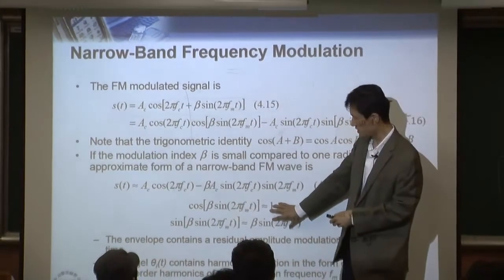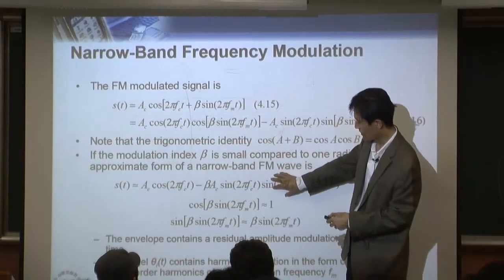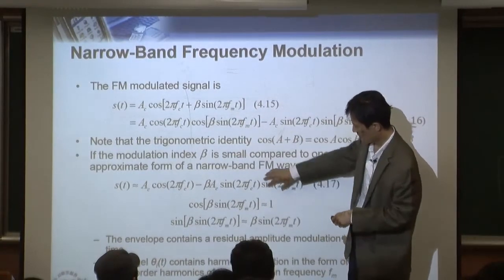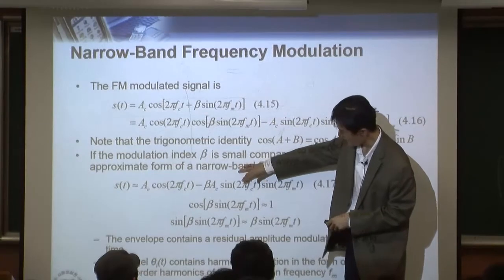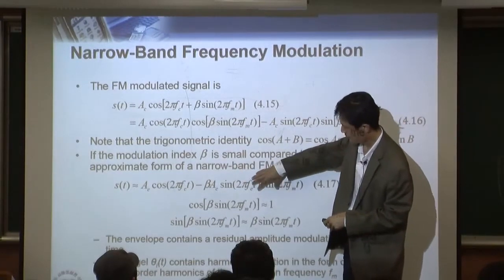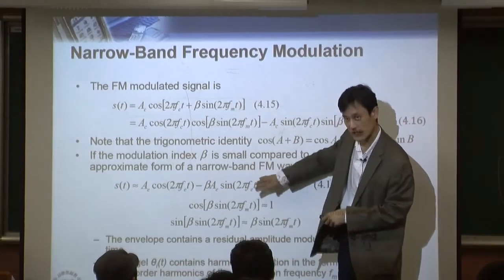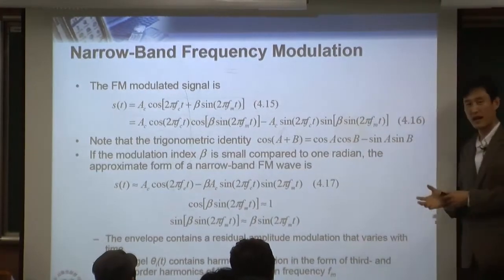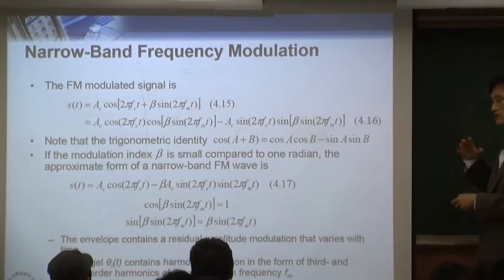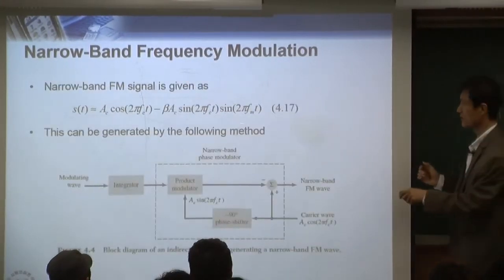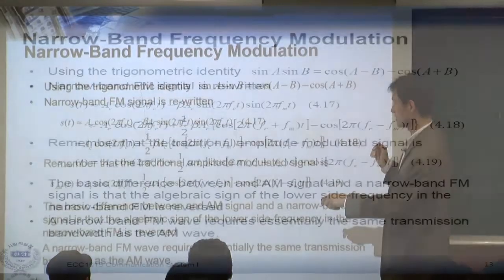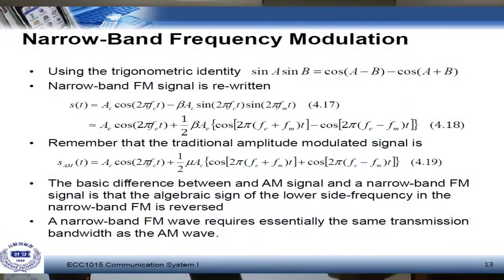So using these two approximations, we get this one. Now we see that it's a sine A times sine B. When you have a multiplication of two sines, we use an identity to change it to another equation.